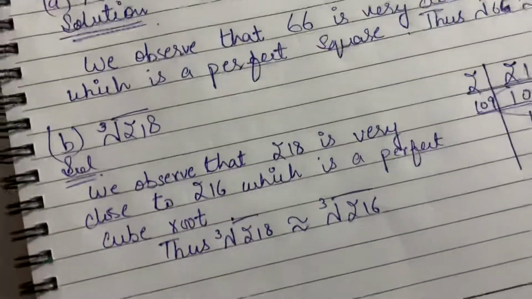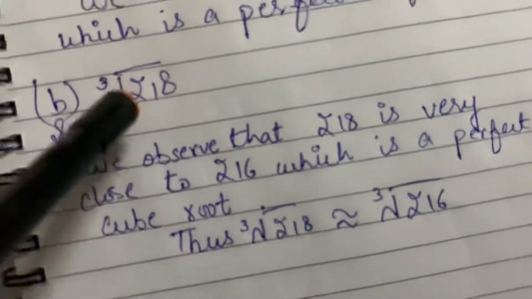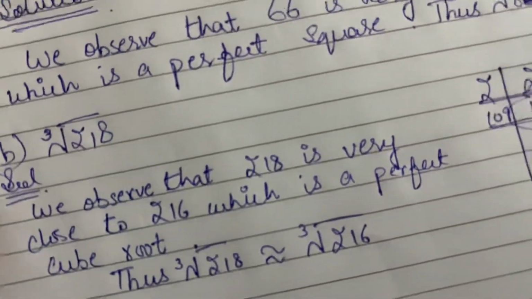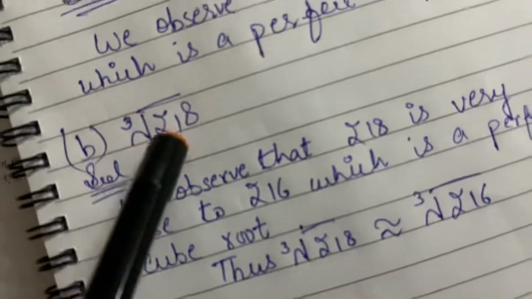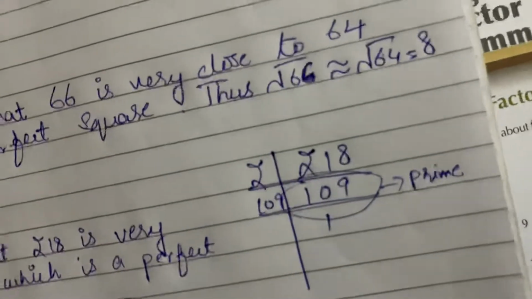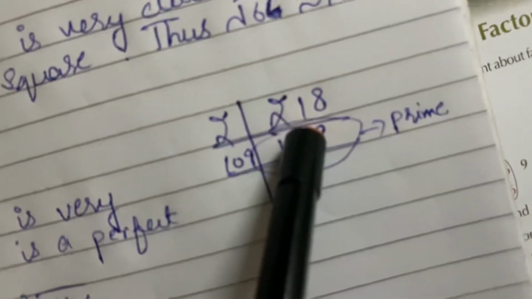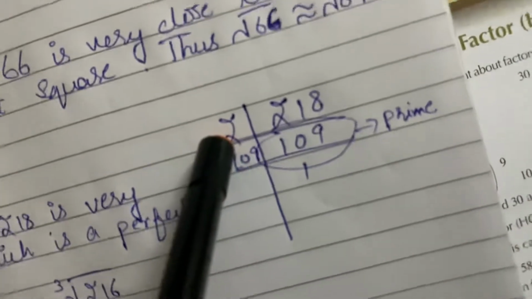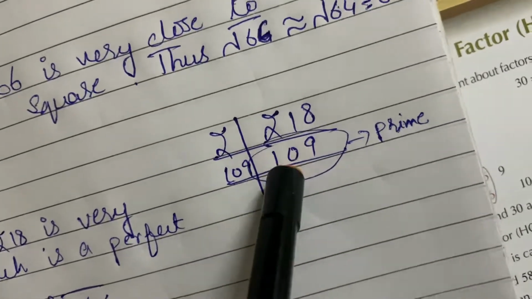Come to the solution. First, you will find the prime factorization of 218. All right, you will see that you would not be able to write this 218 in the form of a cube. So can you find it? We have 218. As you can see, it is an even number, so we can divide it by 2. 2 ones are 2, 0, then 2 9s are 18.